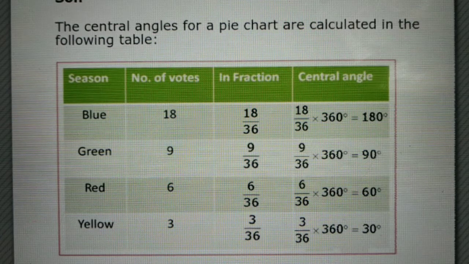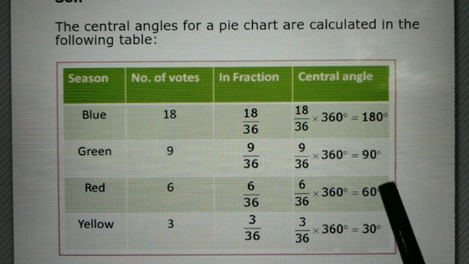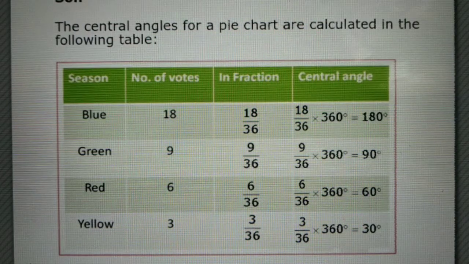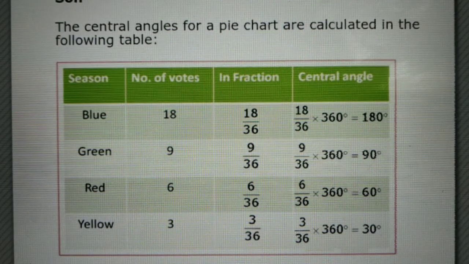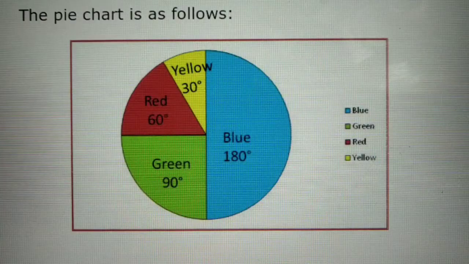When data is broken into parts, actually the 360 degree angle is broken into different parts. So you can check by this method whether your angles are correct or not. If after finding the angles their sum is 360 degrees, it means your table is correct.